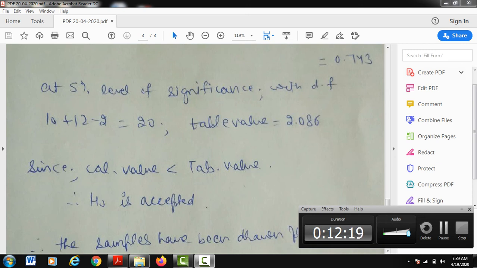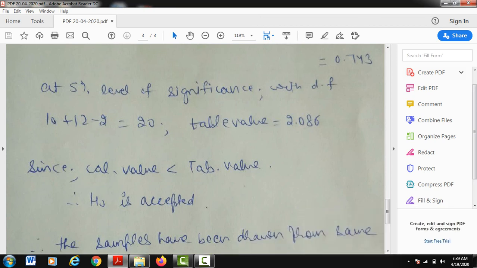So if your absolute calculated value is less than the table value, then your null hypothesis is accepted. Means there is equality between the means also. Okay, so it means there is no significant difference between the means of the two samples. So there is equality between the means, and also equality between the variances, and we know that the normal distribution has two parameters, mean mu and variance sigma square.